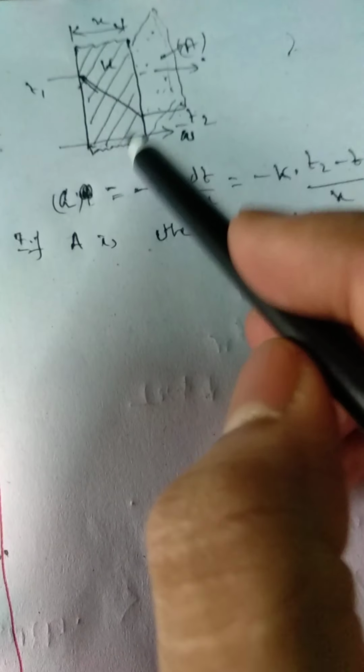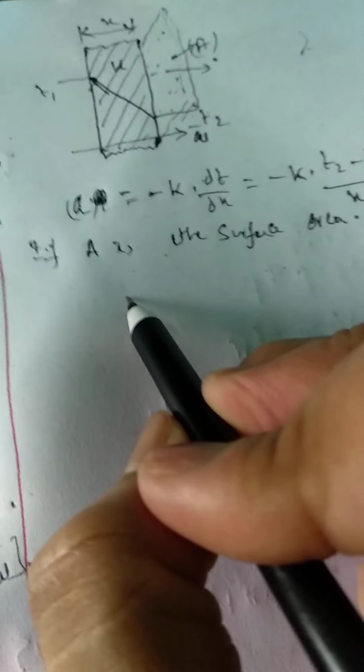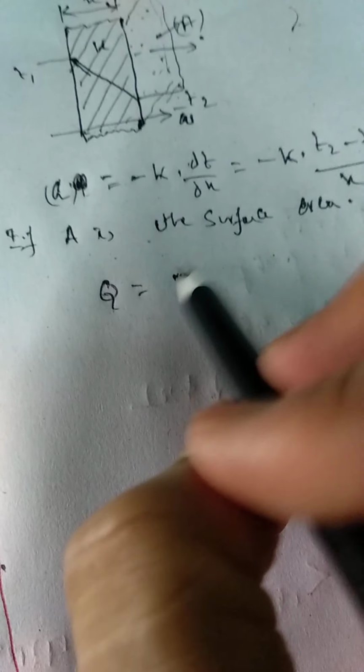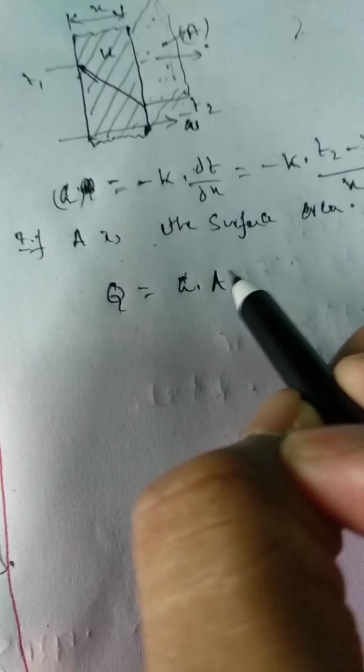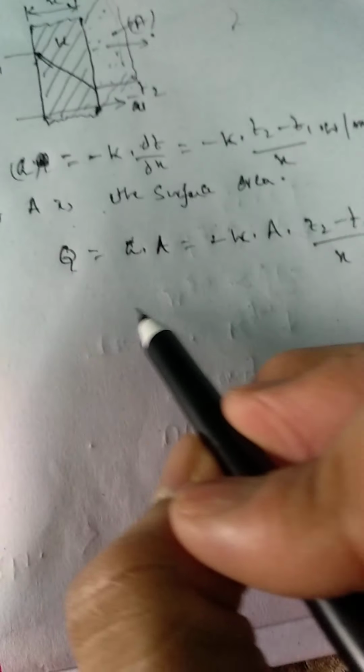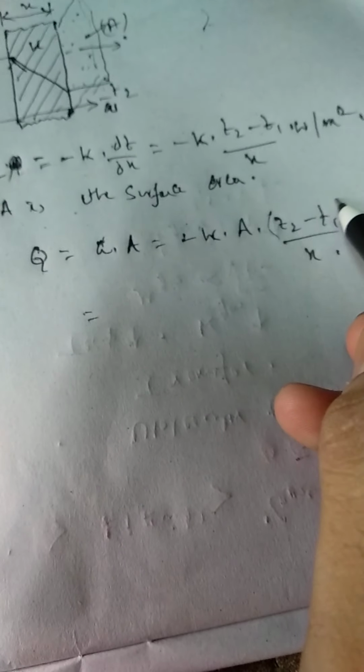The rate of heat transfer will be this multiplied by A. This T2 minus T1 will be a negative quantity.